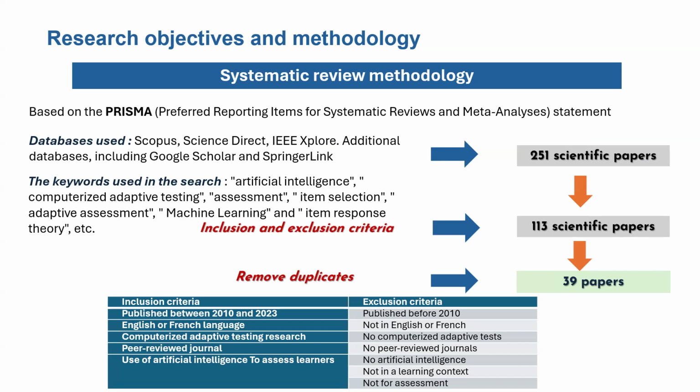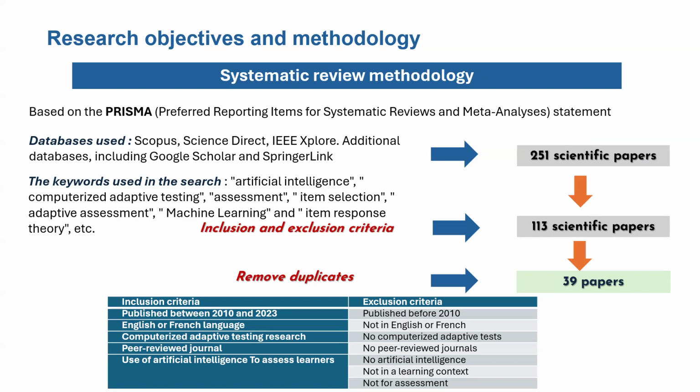The research method used in this study is a systematic review based on the PRISMA statement. We obtained a total of 251 articles from various academic data sources: Scopus, Science Direct, IEEE Explorer, and additional databases including Google Scholar and Springer.